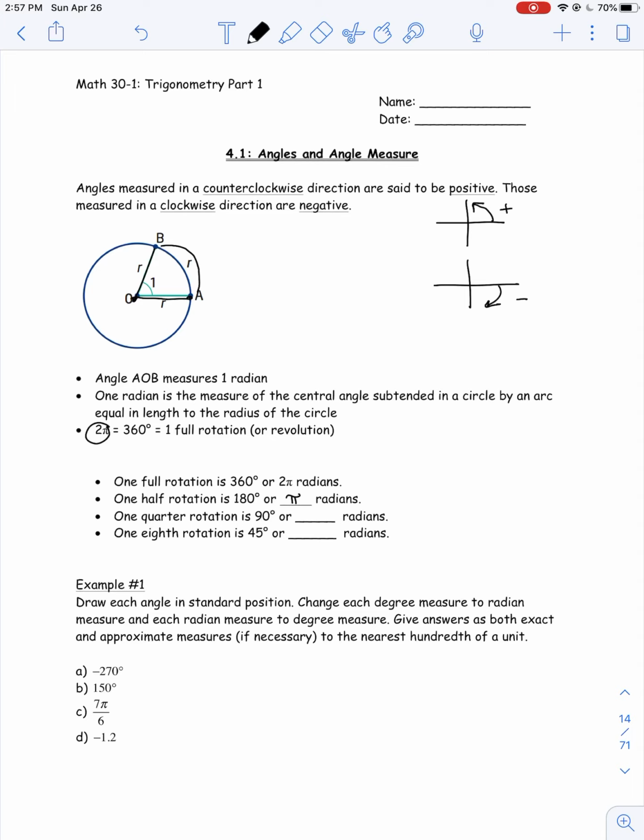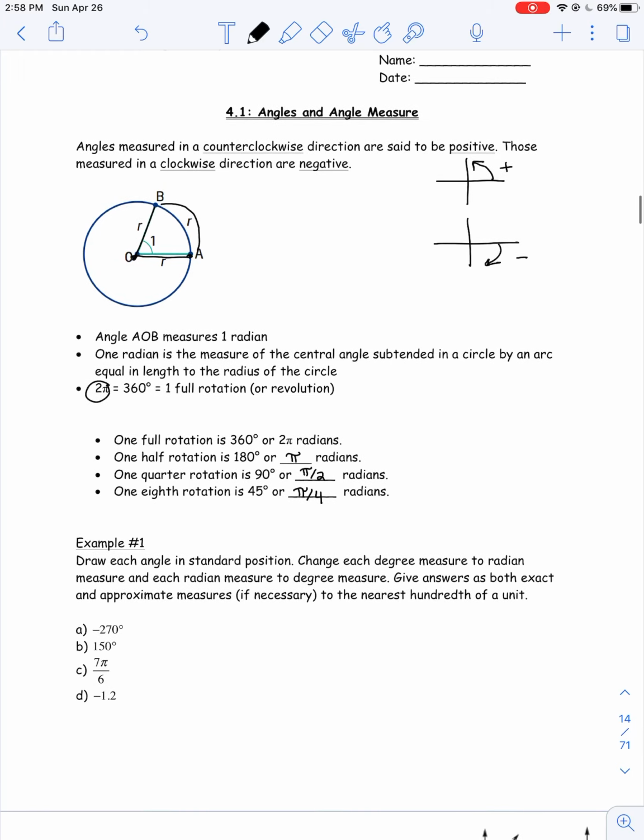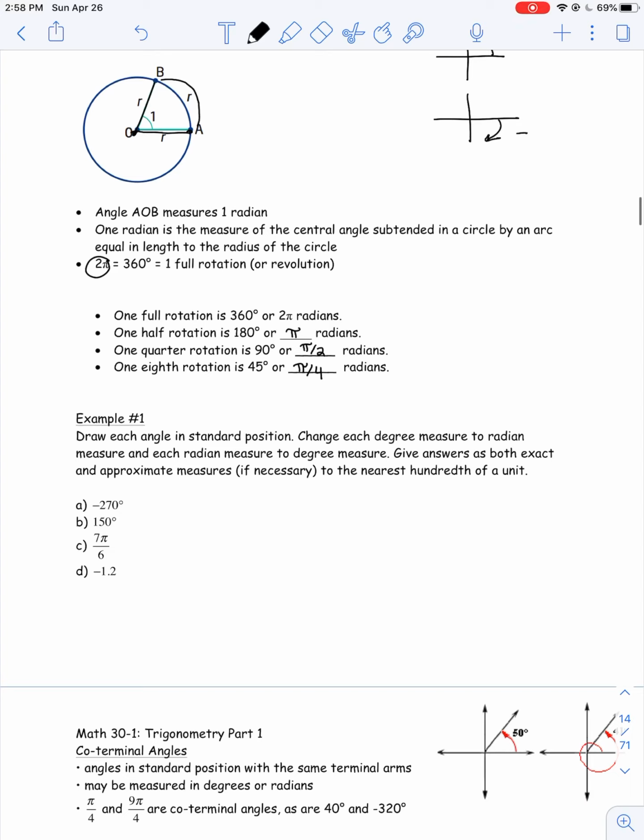So that's pi radians. And if we were to divide 180 in half, that would also make sense with our radian angles, so that would be pi divided by 2. And then let's say we're talking about 45 degrees. That would be pi divided by 4, meaning 180 divided by 4 will give you 45 degrees.